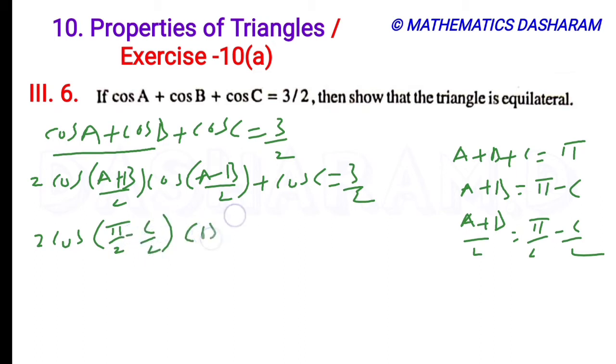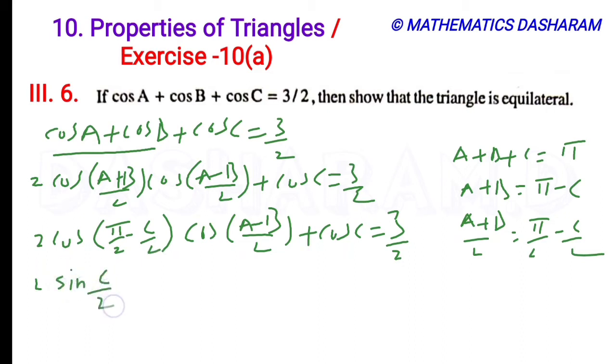Into cos (A minus B)/2 plus cos C equals 3/2. So cos(90 minus theta) is equal to sin theta.